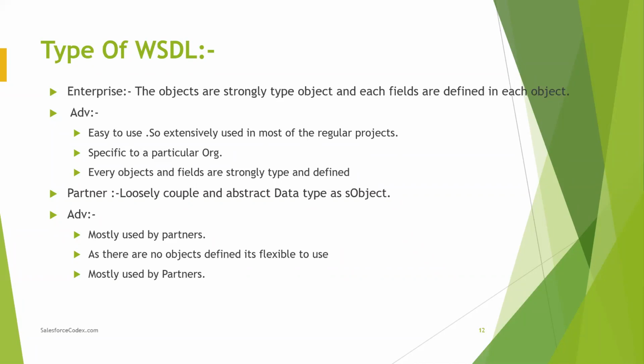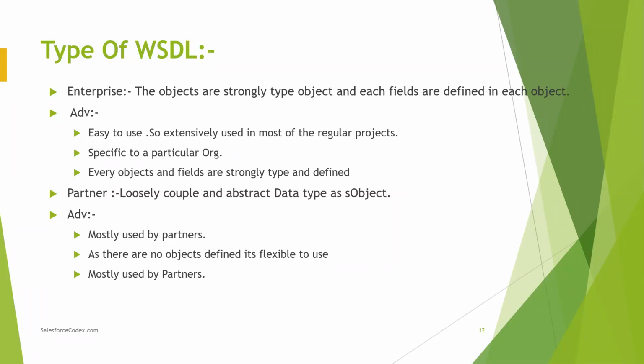For the time being, you can assume that the enterprise WSDL is specific to your org, the org in which you are currently working, where you are defining your object data and writing your code. If you are generating a WSDL file or web services file, that is basically enterprise level. These objects are strongly typed. This WSDL file will hold all the object names as hard-coded values.